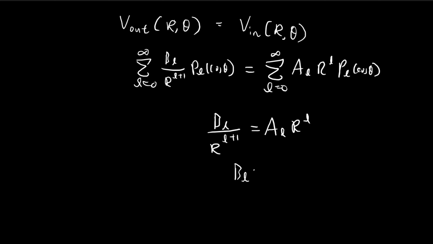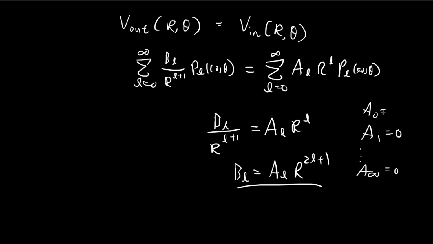So B_L must be equal to A_L R^(2L+1). So we found this conclusion. And then we know that A1 all the way to A infinity, they're all equal to 0, right? Only A0 exists, and that's equal to V0. So that's why only B0 exists. All the B1, B2 all the way to B infinity, they're all equal to 0 as well, because of this relationship. So now we arrive at this conclusion, and so we get this result here, that's equal to B0.